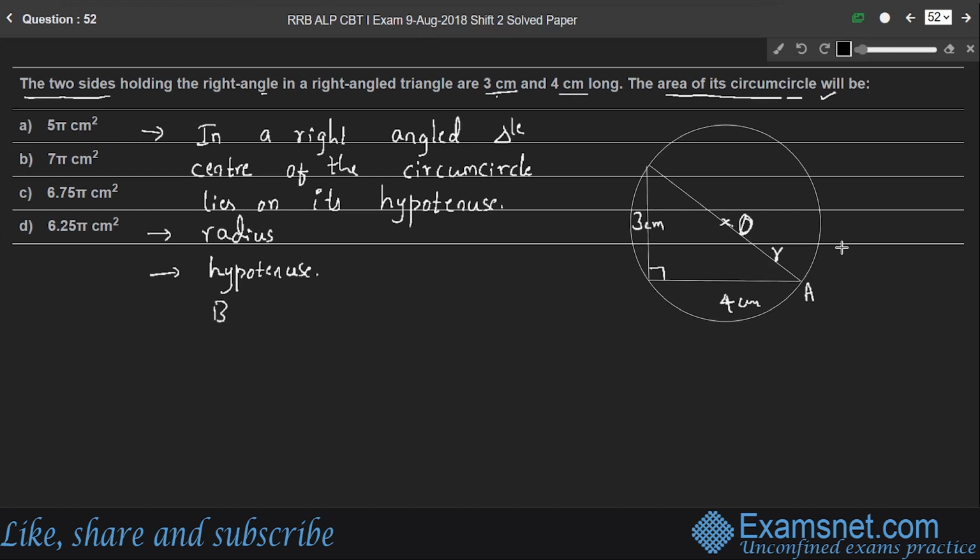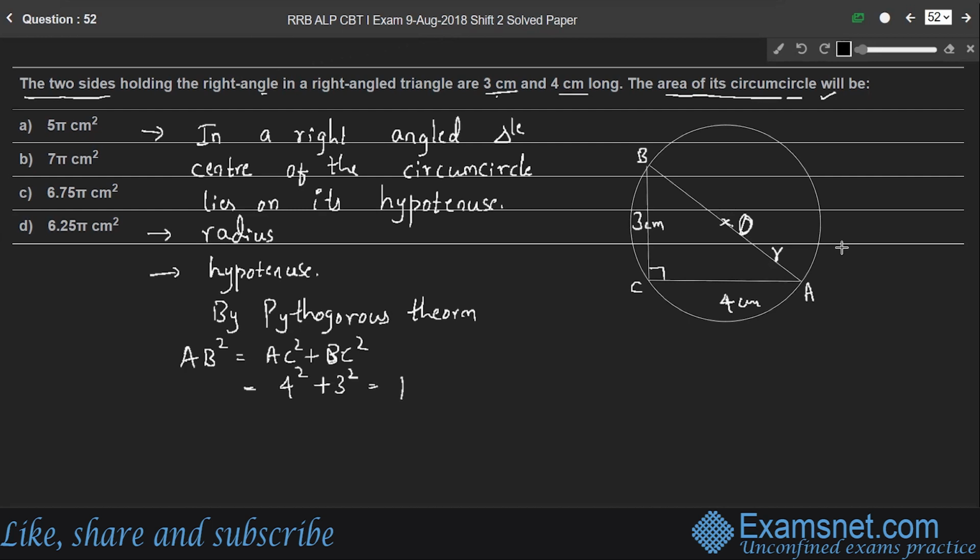By Pythagoras theorem, let the triangle be ABC, right? So AB square is equal to AC square plus BC square. AC square is 4 square plus BC square is 3 square.